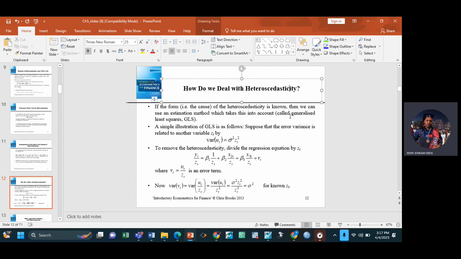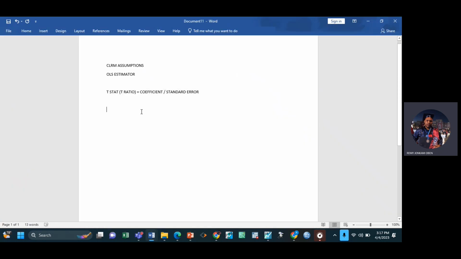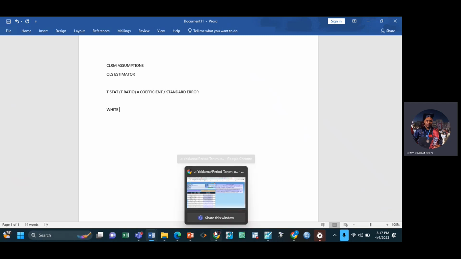So in that case, we can use White's correction method. You remember White? There is a guy called White. I don't know his other name, but I'm sure Robert. Maybe Robert White. I forgot his other name.